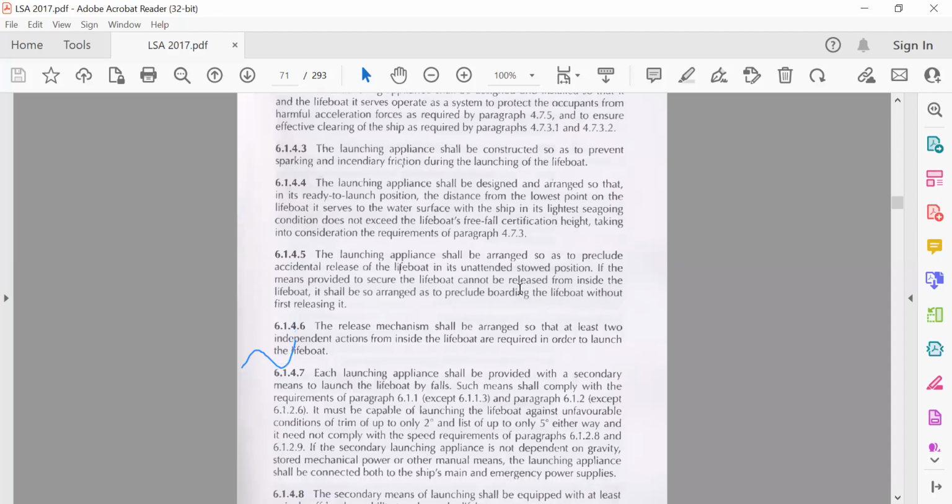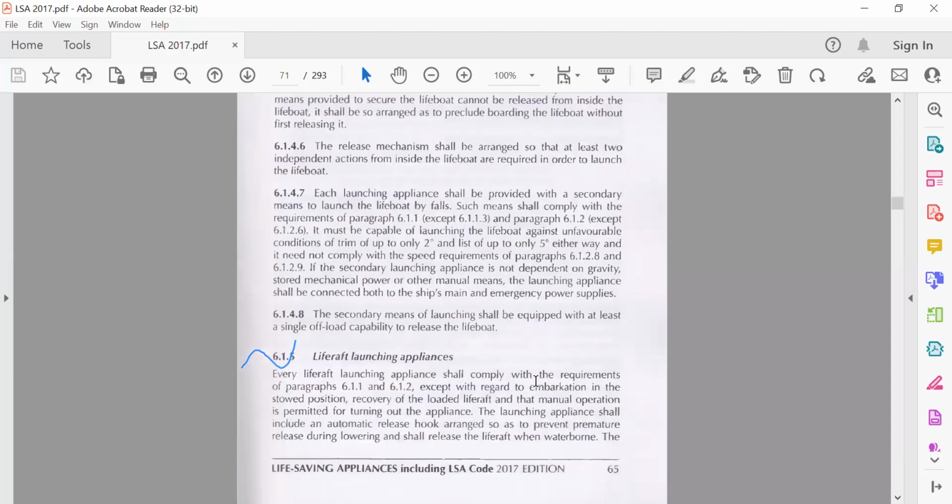So back to back, I'll be talking about 6.1.4.6 now. That talks about the mechanism working in such a way that at least two independent actions from inside the lifeboat are required in order to launch the lifeboat.